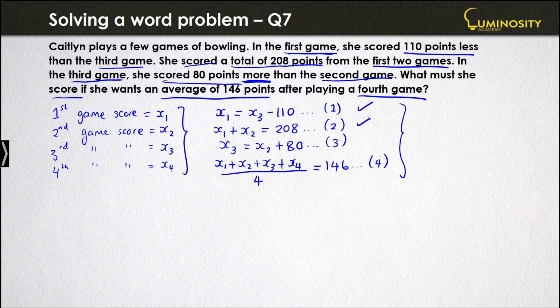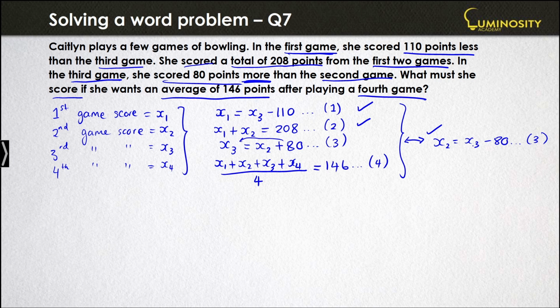We'll leave it as it is because there are no x3 variables to reference here. Equation 3, we want to reference x2 in terms of x3. So I'm just going to rewrite equation 3 by subtracting 80 on both sides. So I'm going to get x2 equals x3 minus 80. So this is still equation 3, just written in a different form. But now it's in the form we like because x2 is being referenced in terms of x3. That's x3 minus 80.